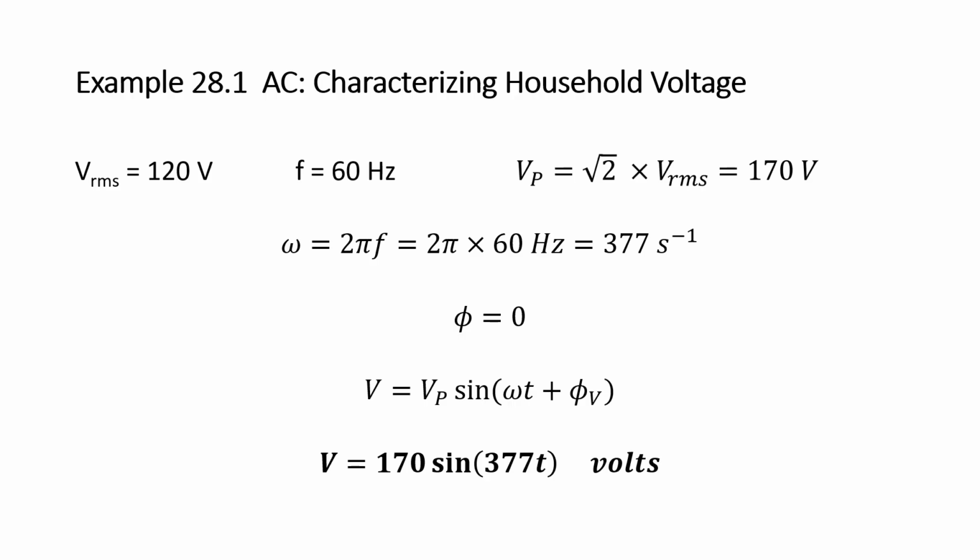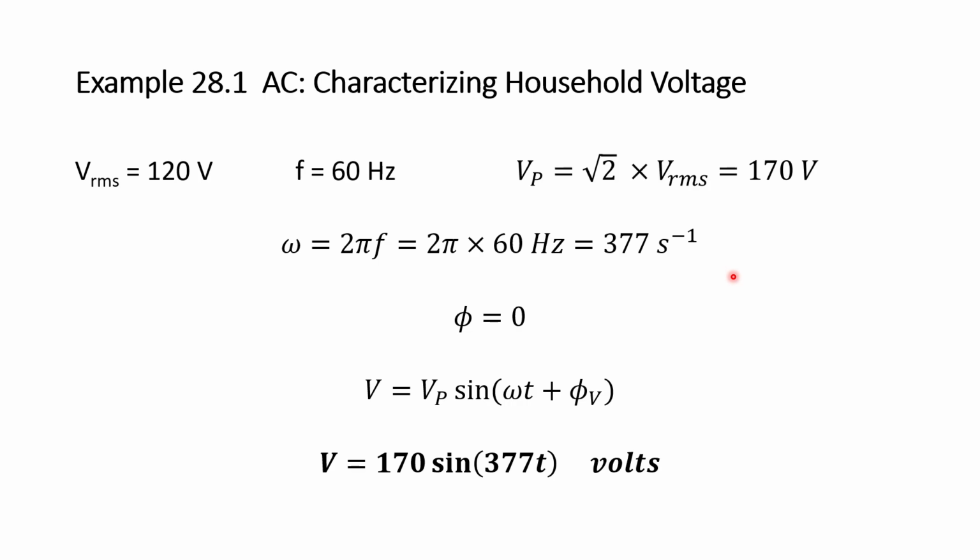Let's look at the given information. The V RMS is 120 volts. Frequency is 60 hertz. We're going to want to know the peak voltage, and that's square root of 2 times the root mean square voltage. That's 170 volts. We're going to need omega for the formula. So omega is 2 pi times the frequency.